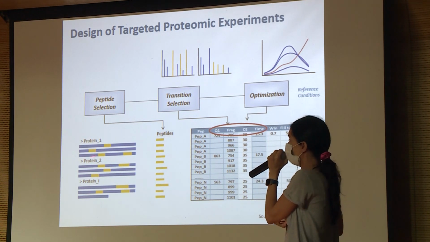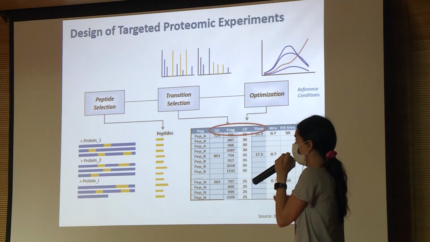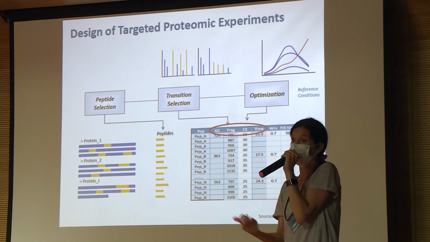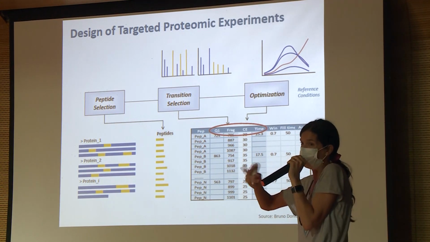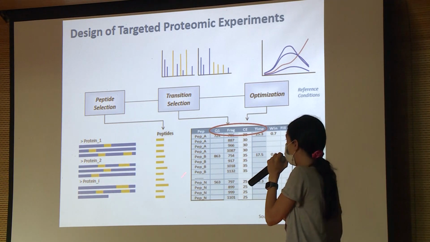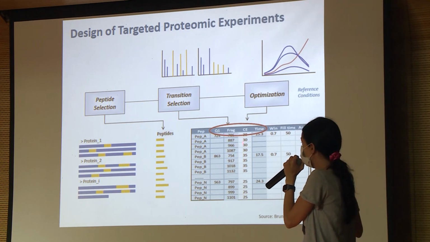You decide on certain peptides that you will try to detect to quantify those proteins. These peptides have to be unique for the protein. They have to not have post-translational modifications, so that you don't have both options. They're called proteotypic peptides.